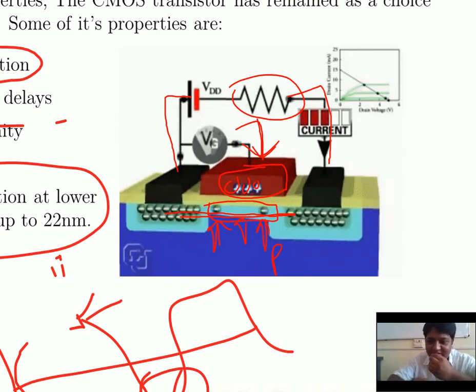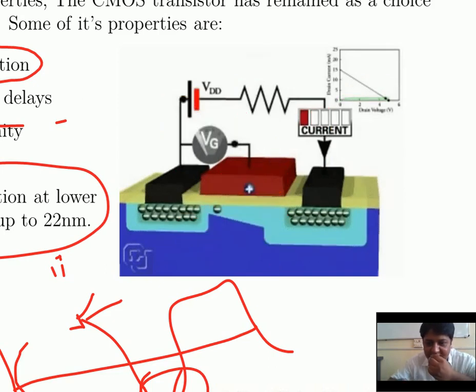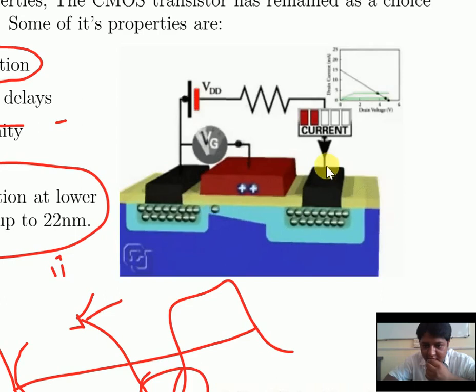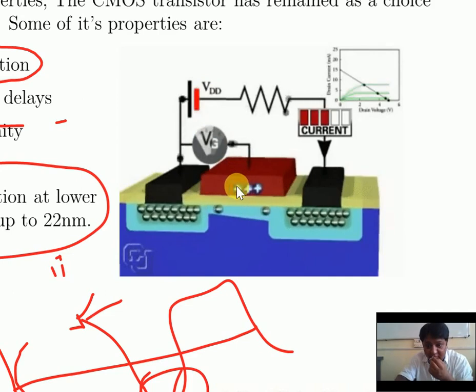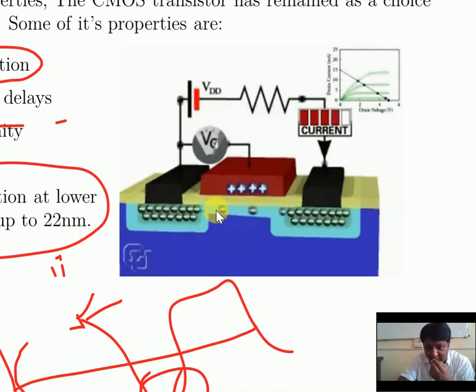Let us again see with the help of the animation. Here you are applying the gate voltage, and increasing the gate voltage. If you keep on increasing the gate voltage, more and more electrons will appear here.